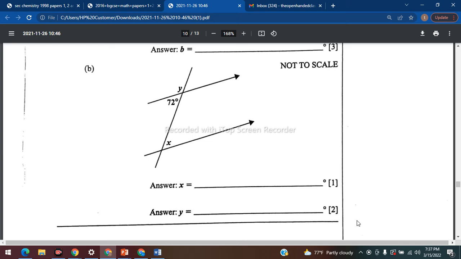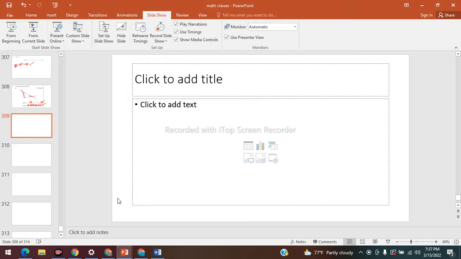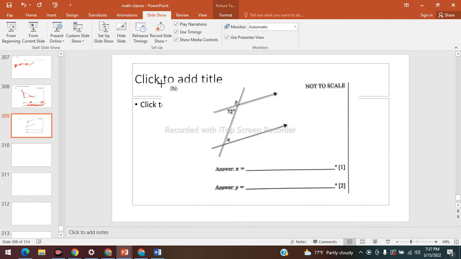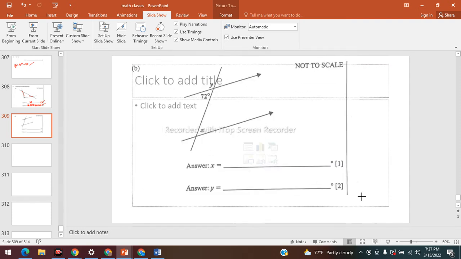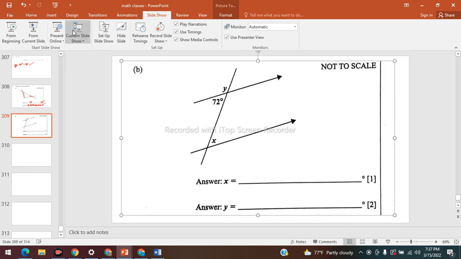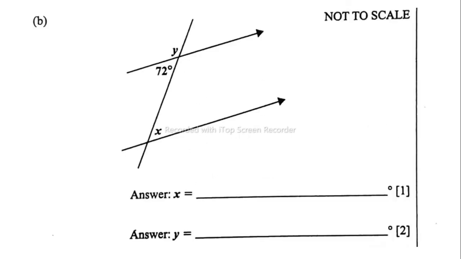They really making sure y'all know. So let's see this one. So this is B. For B, they want us to figure what is X and Y. What is angle X? What is angle Y?